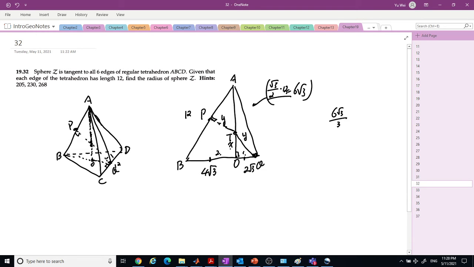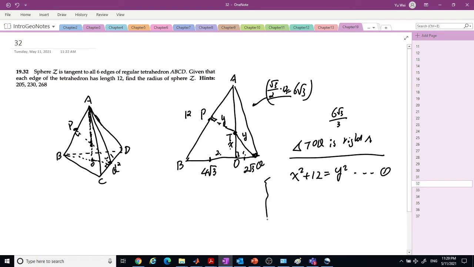First, by the Pythagorean theorem, TOQ is a right triangle. So we know that x squared plus 12 is equal to y squared. This is equation 1.